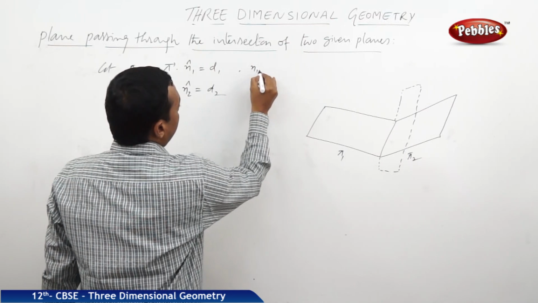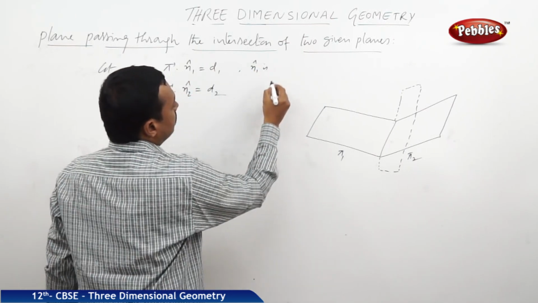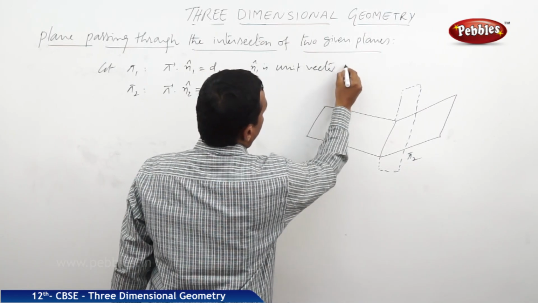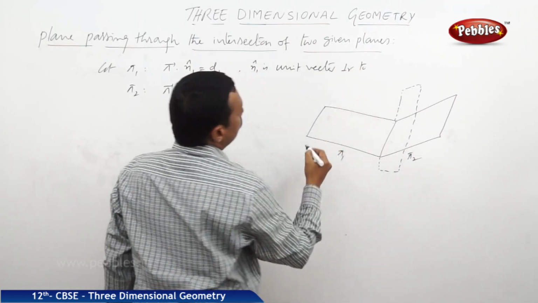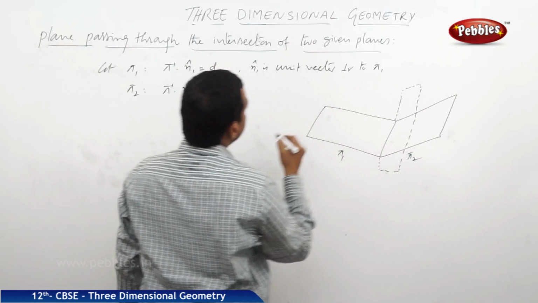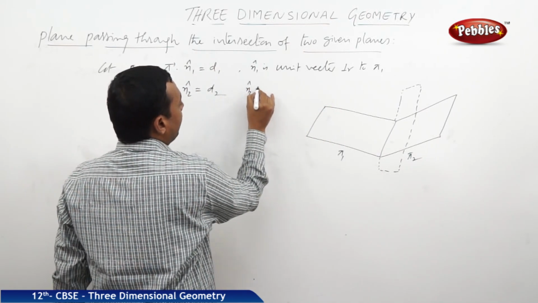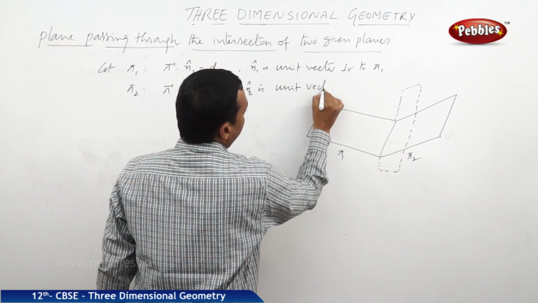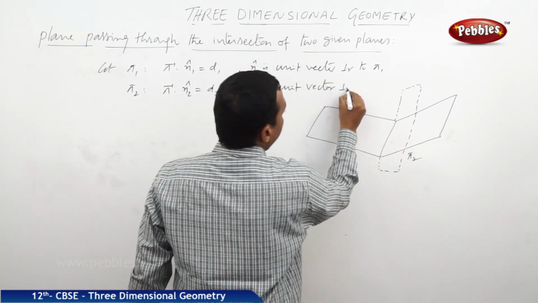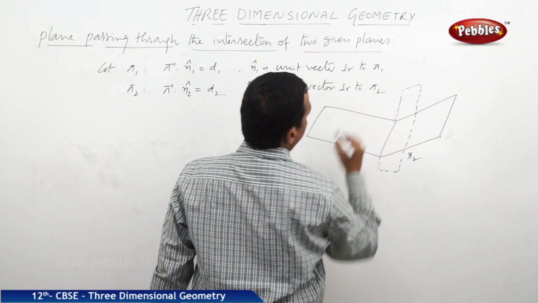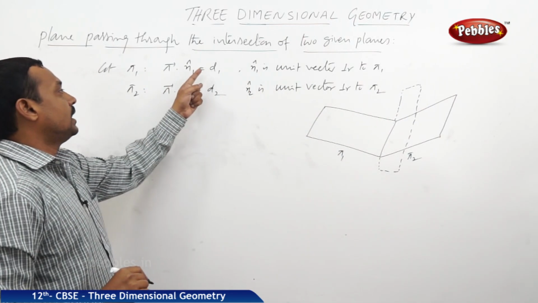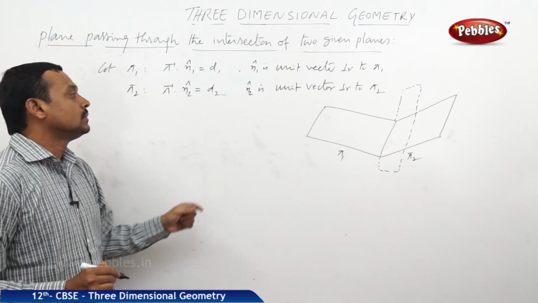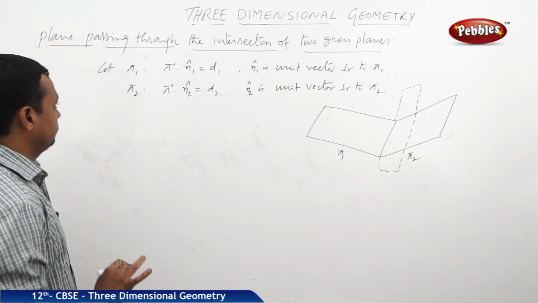Here n1 cap is the unit vector perpendicular to the plane pi 1 and n2 cap is the unit vector perpendicular to the second plane pi 2, and d1, d2 are the distances from the origin to those planes.